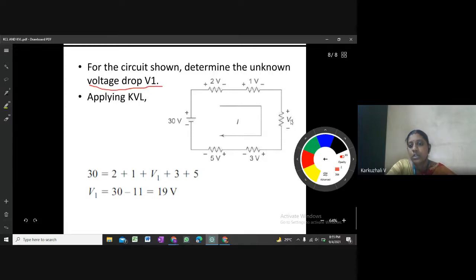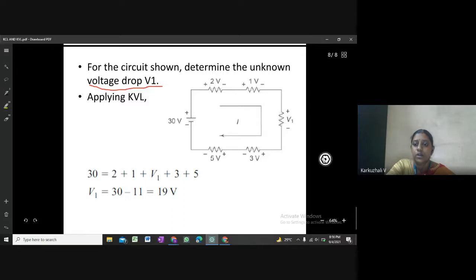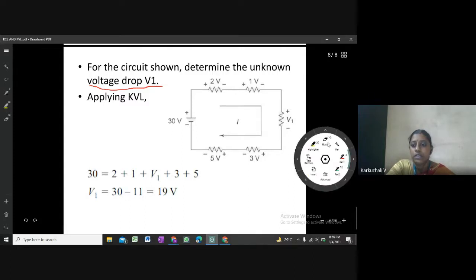This is the resistor, and we are going to find out the voltage drop across this resistor.